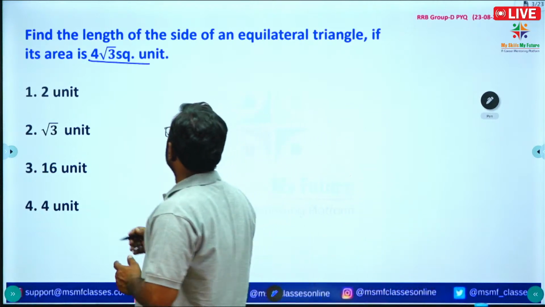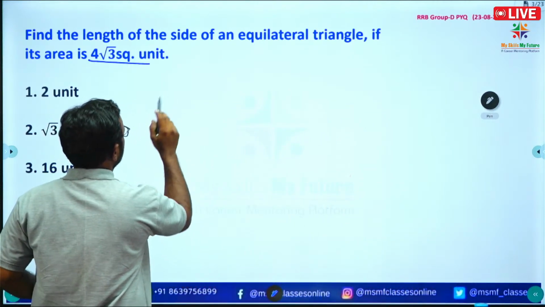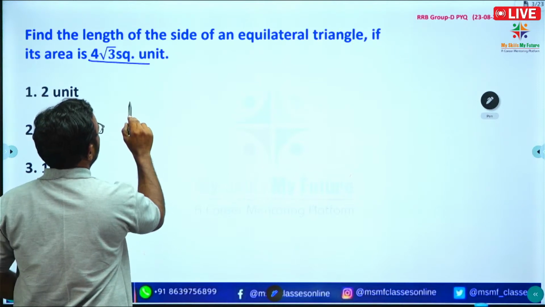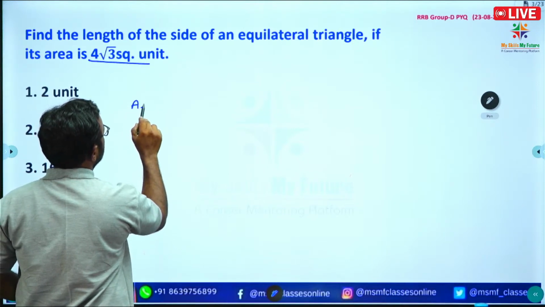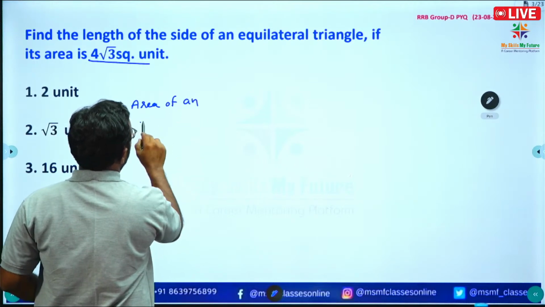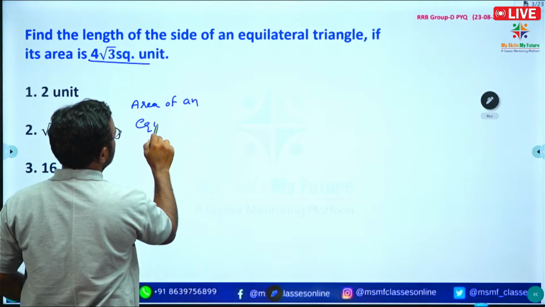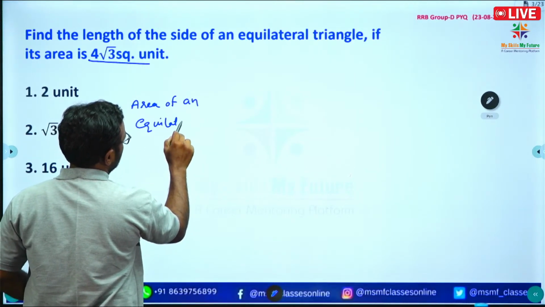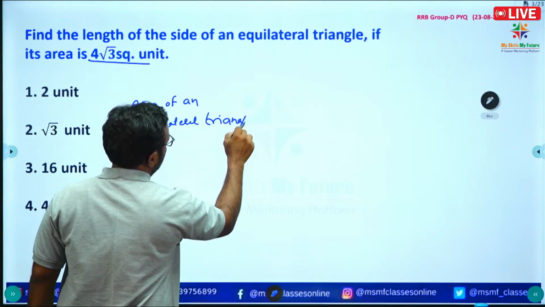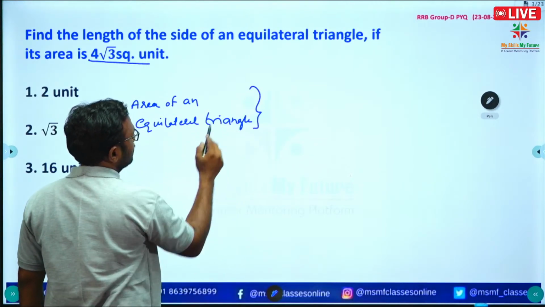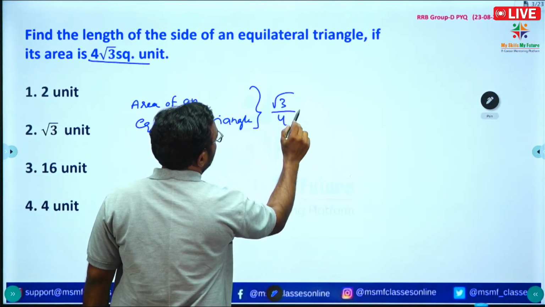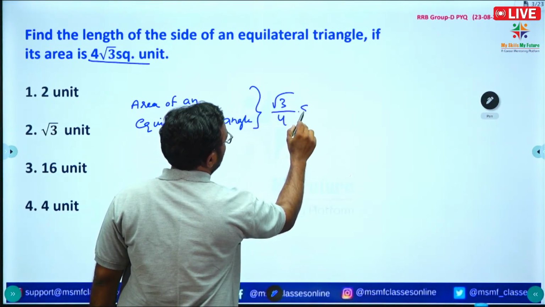We know the formula: area of an equilateral triangle is root 3 by 4 into side square.